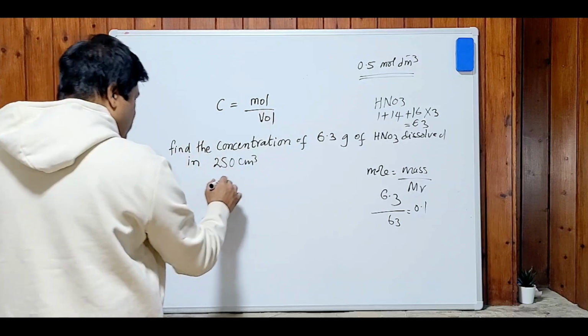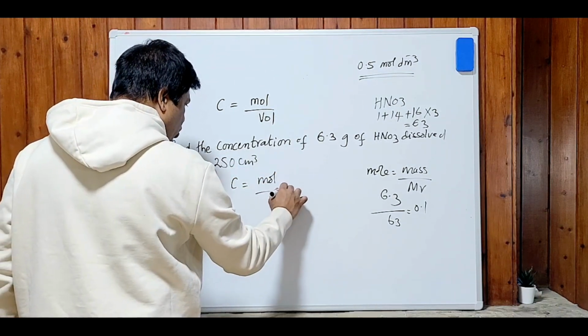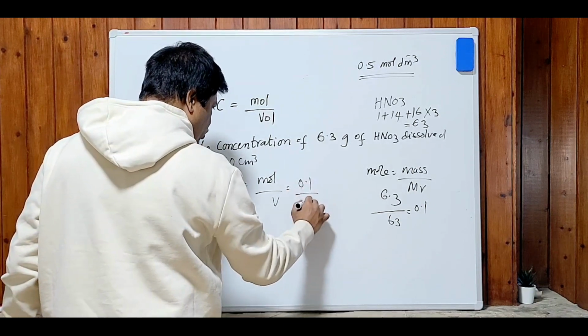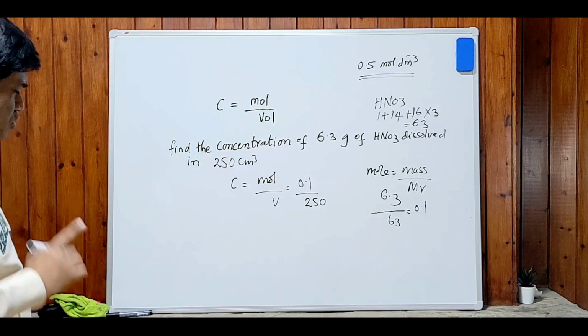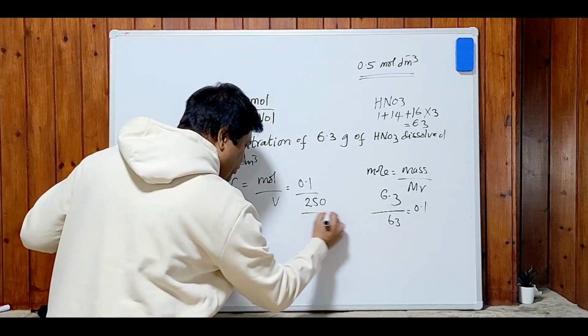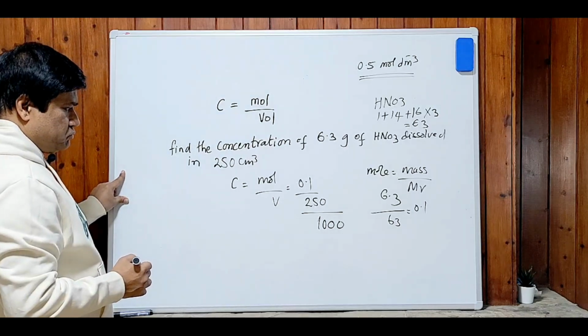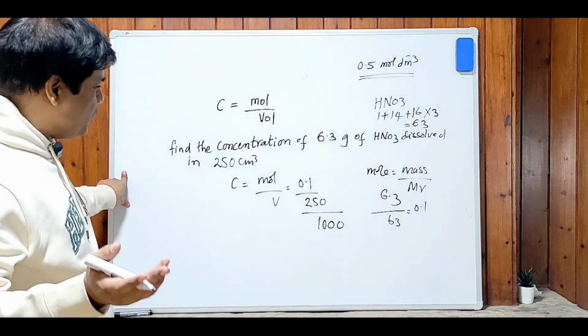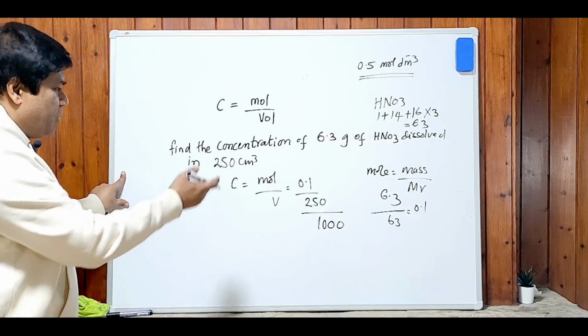Go back to conc. Conc equals mole over vol. Mole is 0.1, volume 250 centimeter cube. I have to change it into dm cube, so I divide it by 1000. Some students doing A-level maths know how to do it. Anyway, it's not a big calculation.